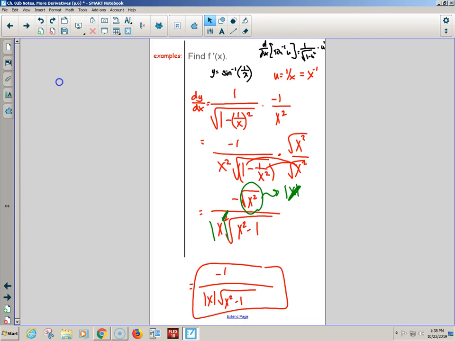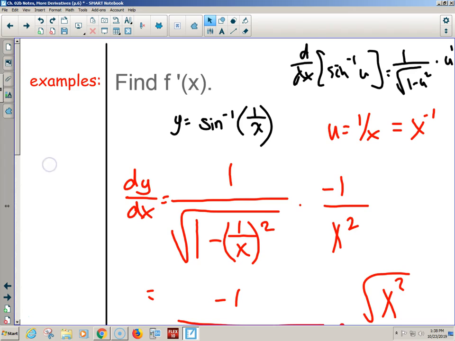Doesn't that look like one of the derivative rules? Which one? Cosecant inverse. Do you guys remember way back when in pre-calc, you were given on the test something like this? But is there a second cosecant button in your calculator? No. And most of you, even on the test after I told you to study it and done sample problems, were like, wait, cosecant inverse is 1 over sine inverse.